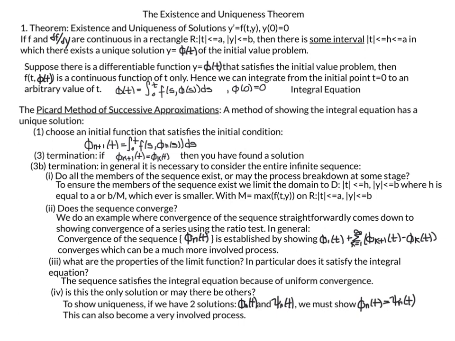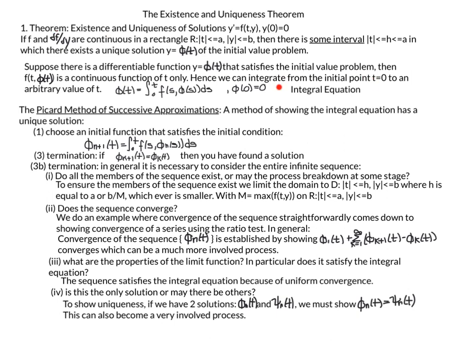If f and df/dy are continuous on this rectangle, then there is some interval, the absolute value of t less than or equal to h, which is less than or equal to a. Notice this interval for t is smaller than our domain, in which there exists a unique solution y equals phi of t of the initial value problem. So in short, it says that this differential equation has a unique solution if f and df/dy are continuous.